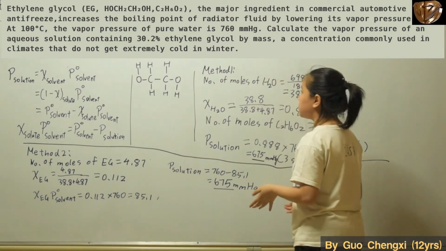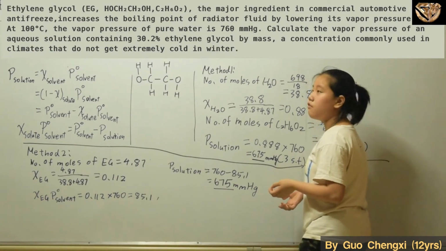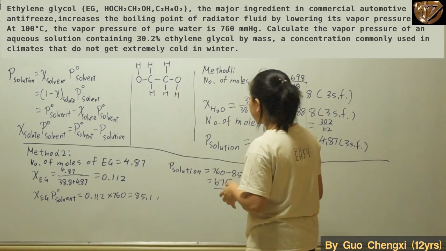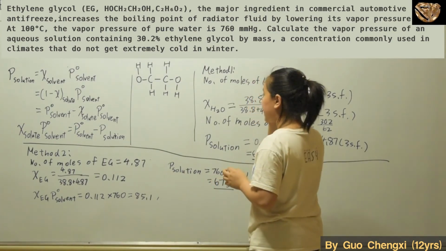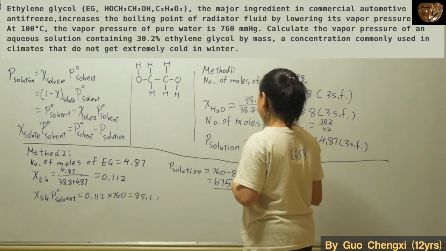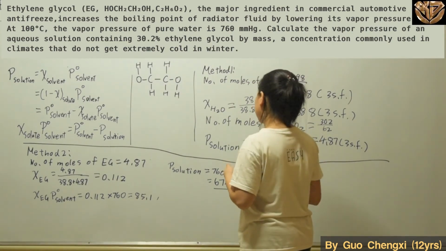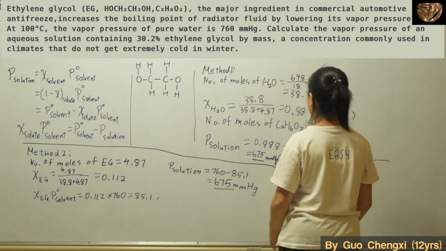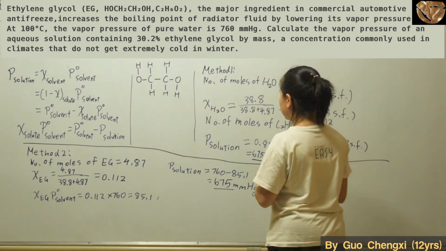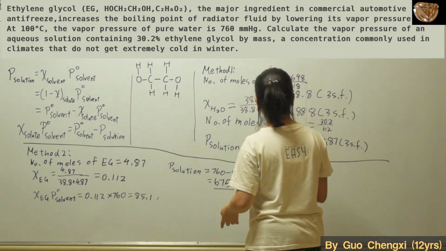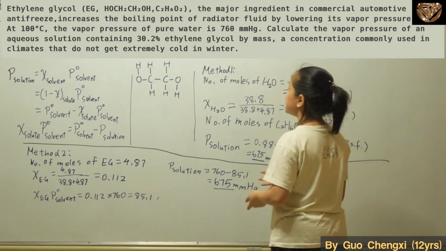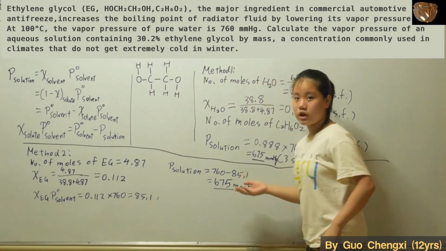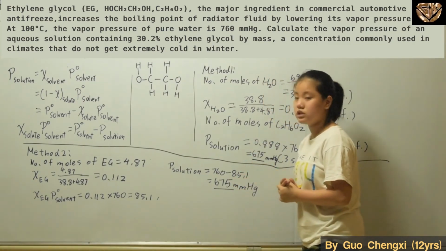Despite the fact that it lowers the vapor pressure, causing the boiling point to increase, it doesn't really affect that much, because almost 30% of it is ethylene glycol, yet more than 70% of the solution is still water. So there's not much change from this.